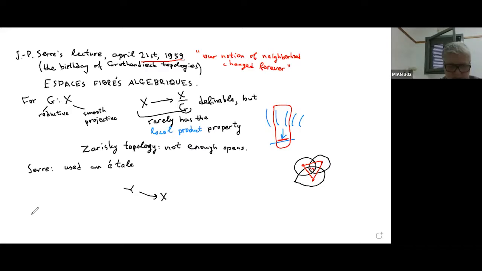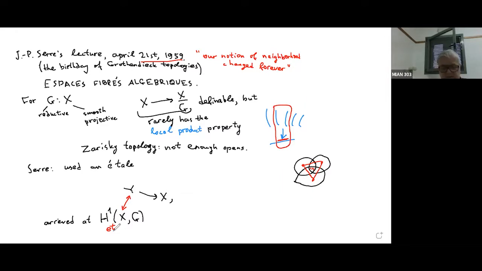So he arrived at the usual group that classifies the fiber bundles, that is H upper 1 of X, defined somehow in a rather technical way in terms of this Y, with the subsequent proof of an independence of the base change.